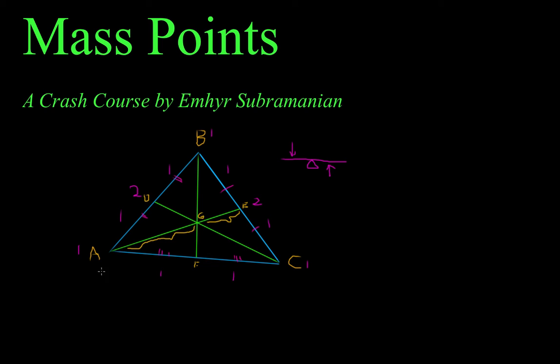And then lastly, we already know the weights of A and C, so we can find the weight of F, which is 2. If you don't understand any of it so far, feel free to pause the video and rewind. But just remember that it's basically this scale, and as you add more weight to one side, the other side gets changed.